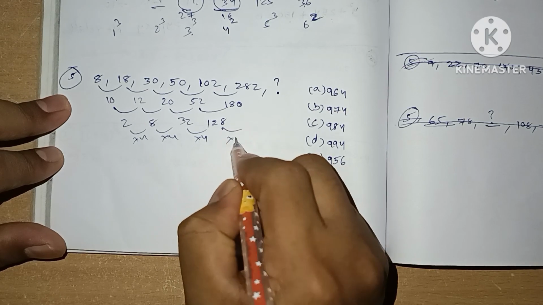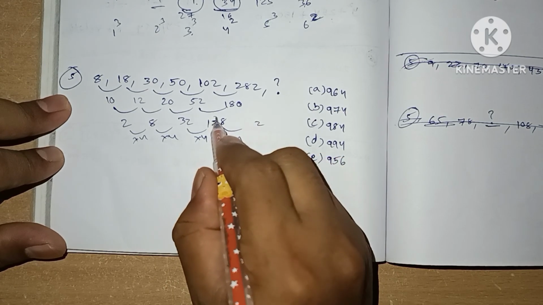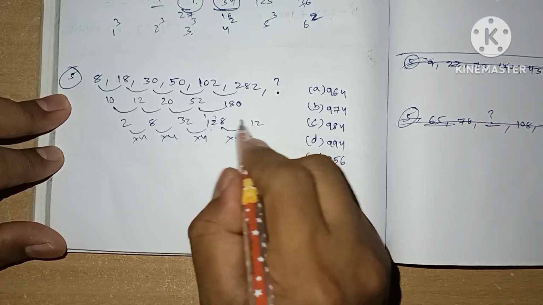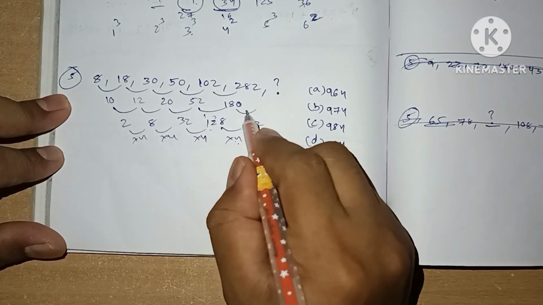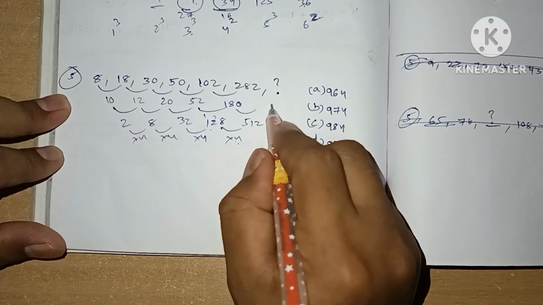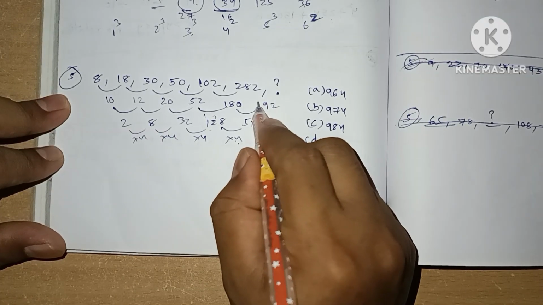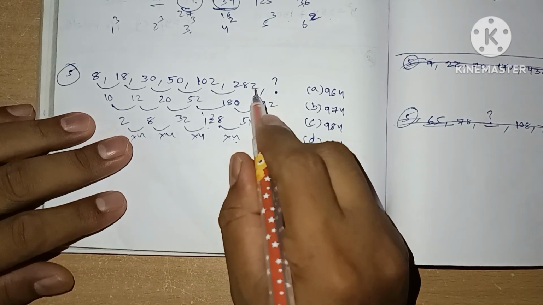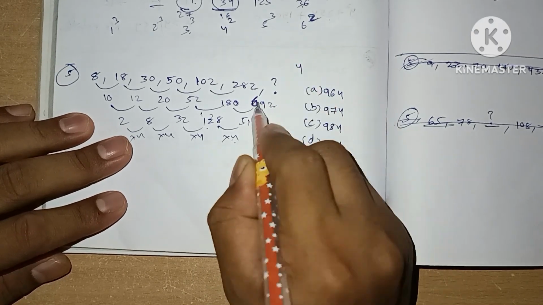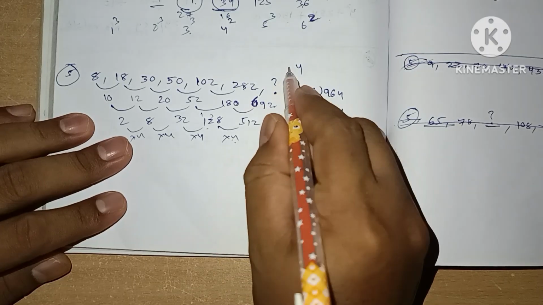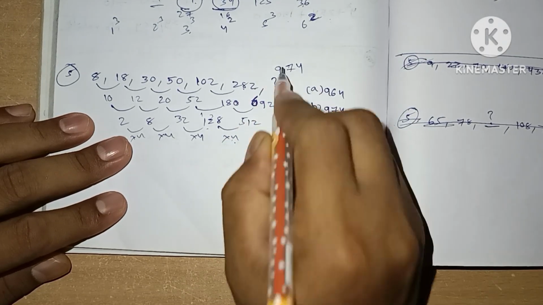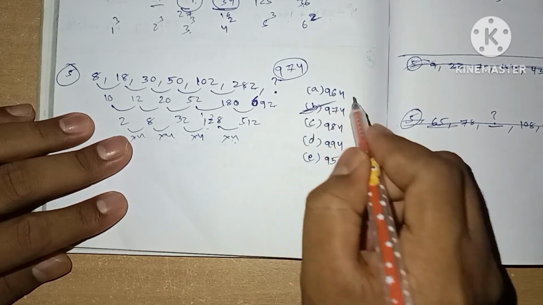So 8 times 4 is 32, 32 times 4 is 128, and 128 times 4 is 512, and here we have a difference of 512. That means 974 is our answer. Option B is our answer.